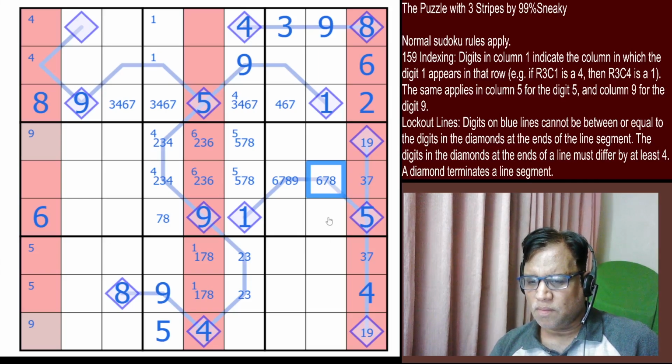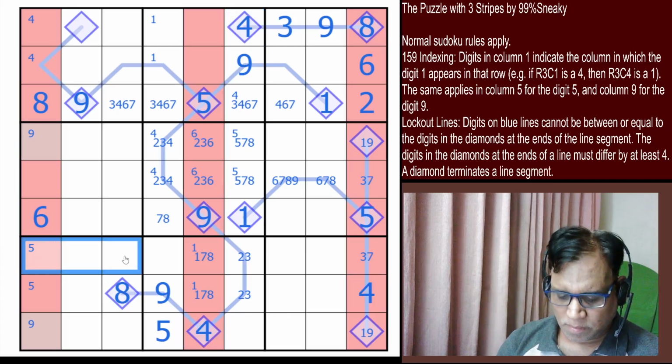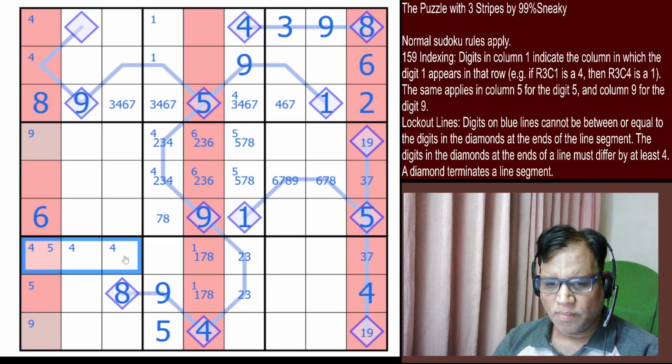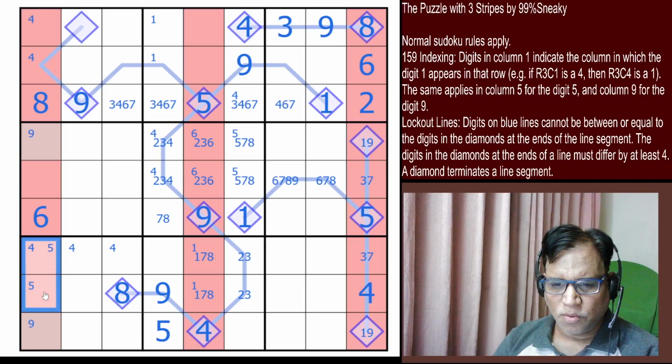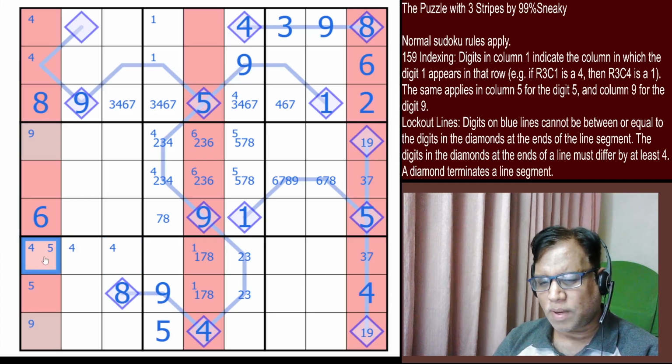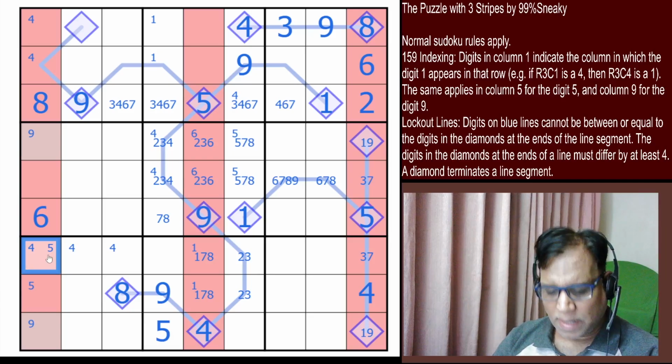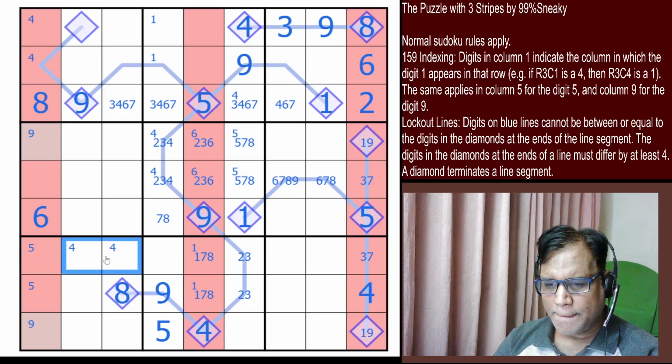So what now? 4 is here. In fact, see, we know that 4 cannot be there, right? Because we know that the low digit, the middle digit is 5, and which is here, right? So that can't be 4. So 4 is one of these. 2, 3, 1, 7, 8.